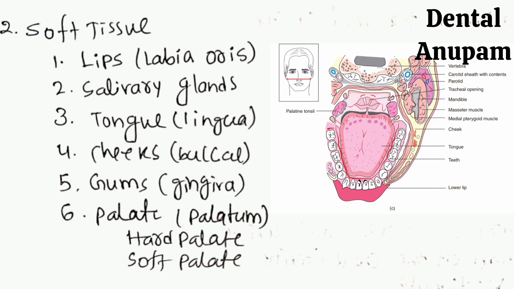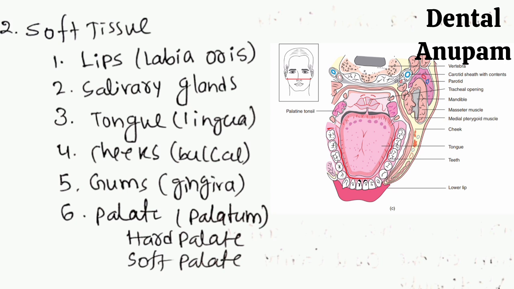Next one is salivary glands. Salivary glands are organs that secrete saliva, which has a major role in various vital physiological functions. 3 large pairs of salivary glands communicate with the mouth.